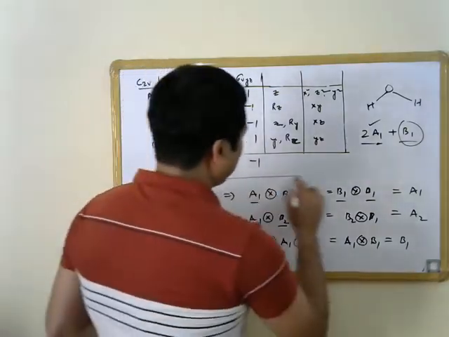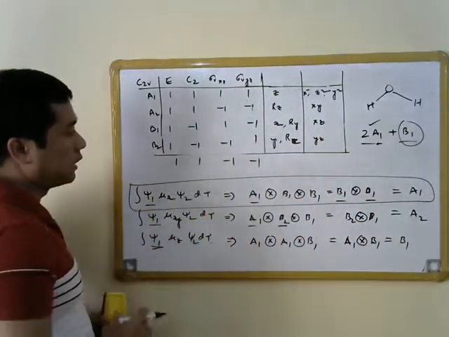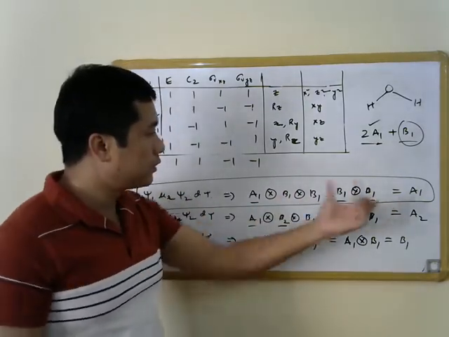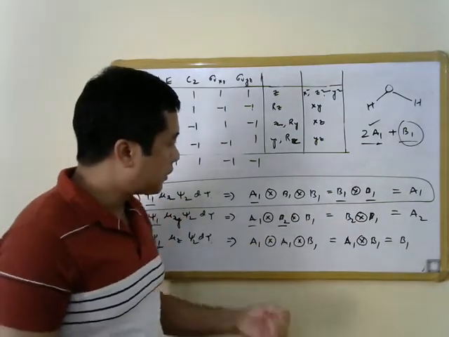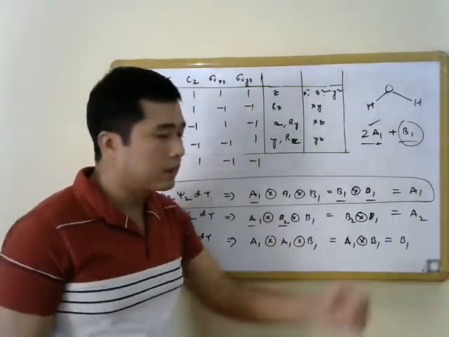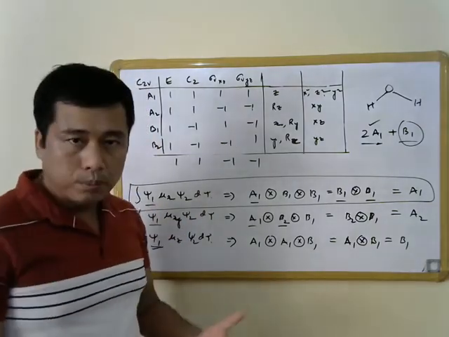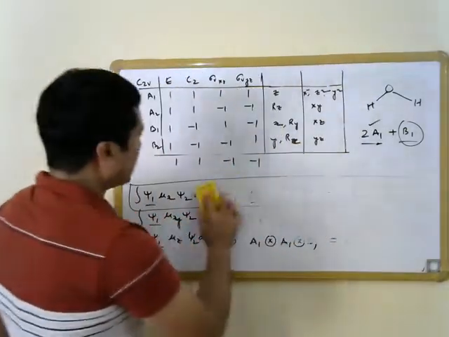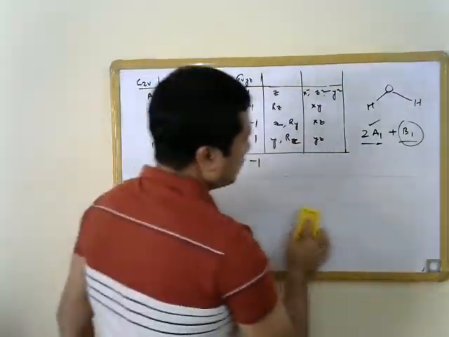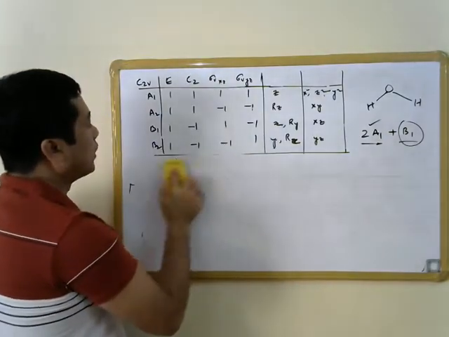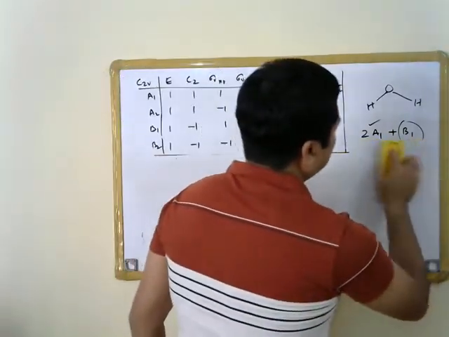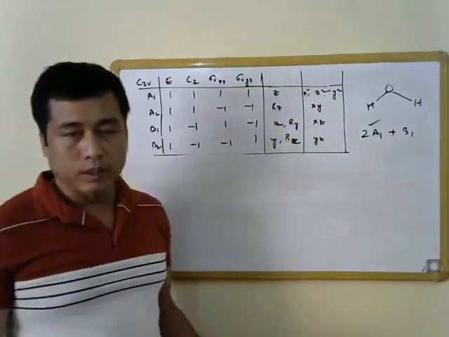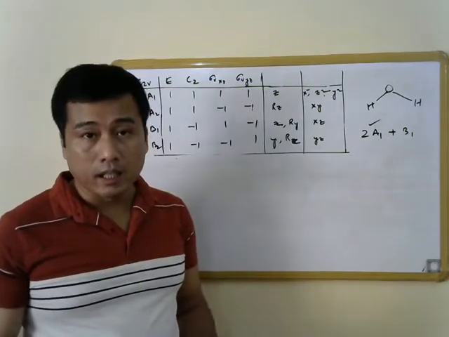So again, we have found that this particular integral has non-zero value because the answer of these direct products is equal to A1, and this forms basis for the most symmetric irreducible representation, and that is why the vibrational mode of B1 symmetry will also be IR active now. So all the three vibrational modes in the water molecule we see are IR active.